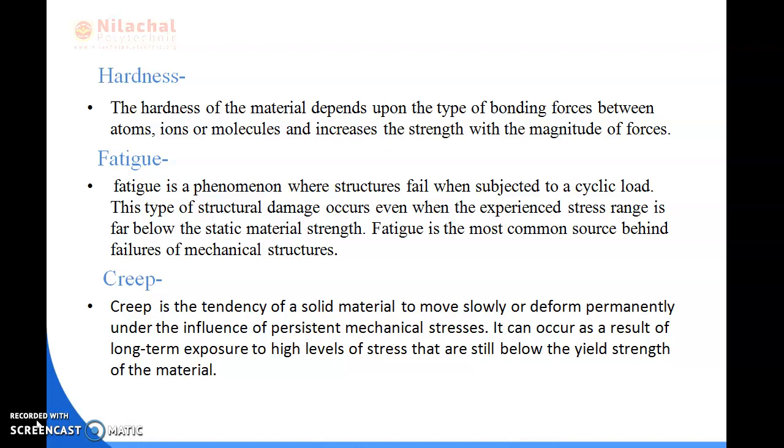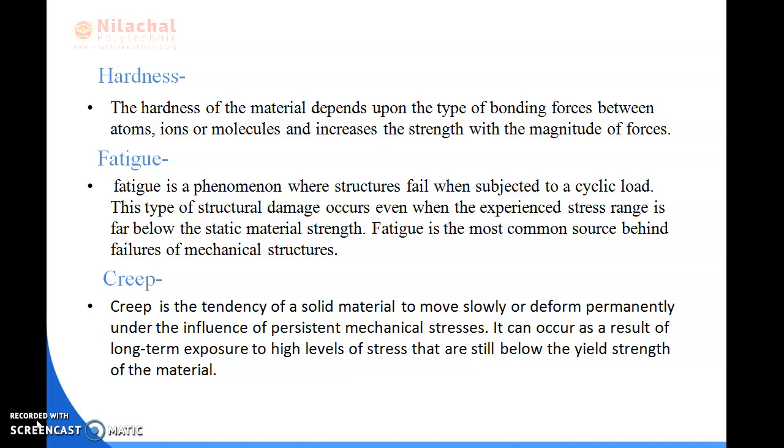Once a fatigue crack has initiated, each loading cycle will grow the crack a small amount, typically producing striations on some parts of the fracture surfaces.